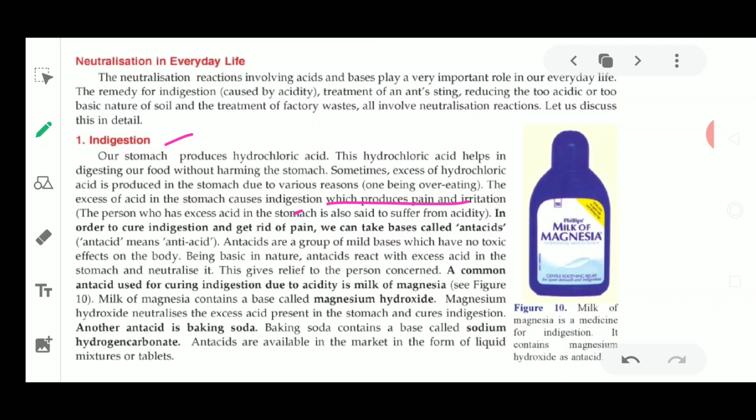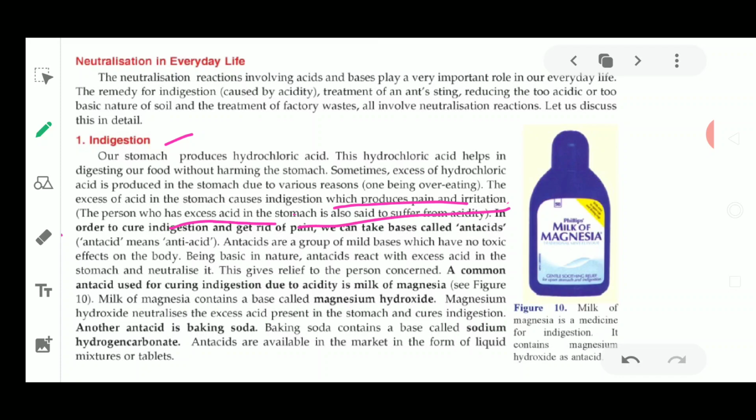Now this acid is going to irritate the walls of your stomach, causing indigestion, meaning your food will not be digested properly. The excess of acid in the stomach causing indigestion produces pain and irritation in your stomach. The person who has excess acid in the stomach is also suffering from acidity.